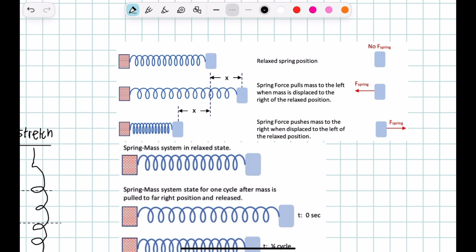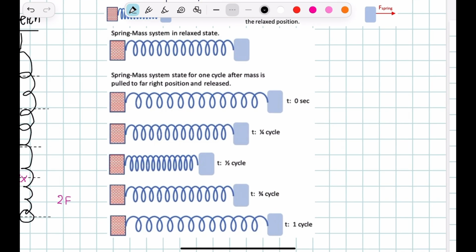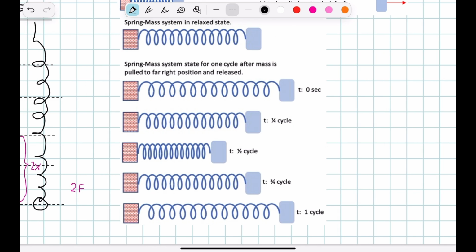On the bottom, it's pushed in, and on the top, it's pushed out. And here, this is the system mass in the relaxed state. And then down here is the spring system mass for one cycle after the mass is pulled to the right, far position, and then released.